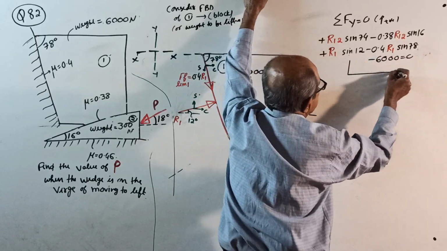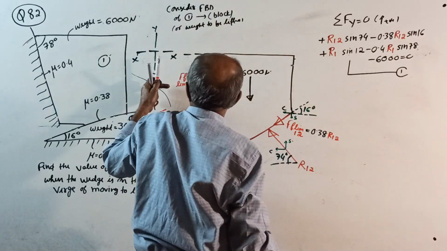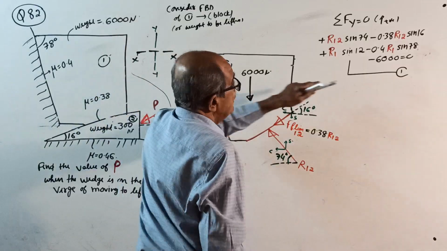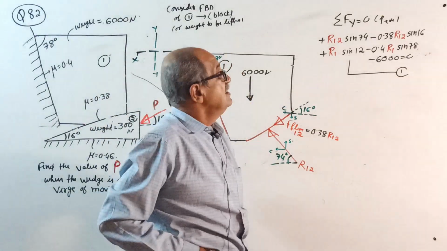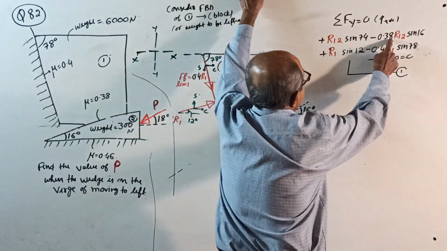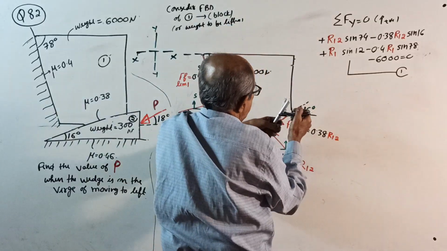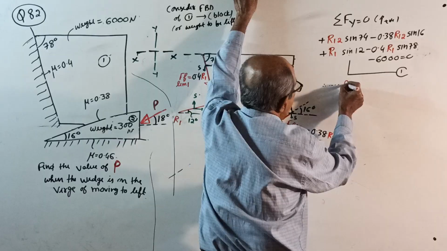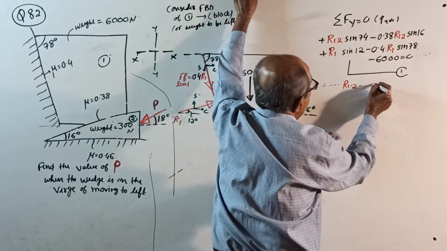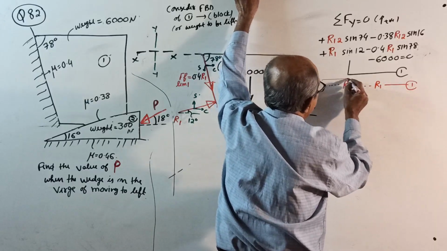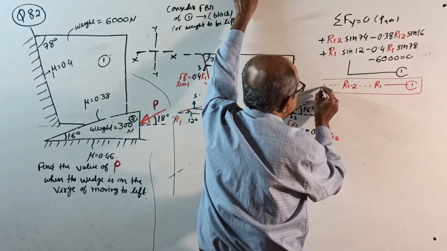This is your equation number 1. If any extra force is given here, suppose they give some force here or some force here, account for it. Today I am not simplifying. Simplify this and get the result if you want. Therefore, in terms of R12 and R1, equation 1 will come. I won't write how, because it is high school mathematics.